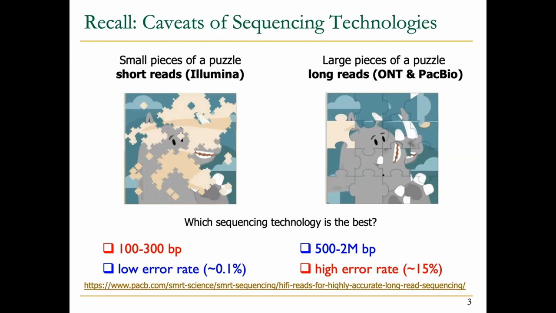There are recent approaches, for example, known as the CCS reads, which basically try to find the consensus between the circular reads, and then essentially produce more accurate long reads. So nowadays we also start seeing very long and accurate reads as we go into the future.